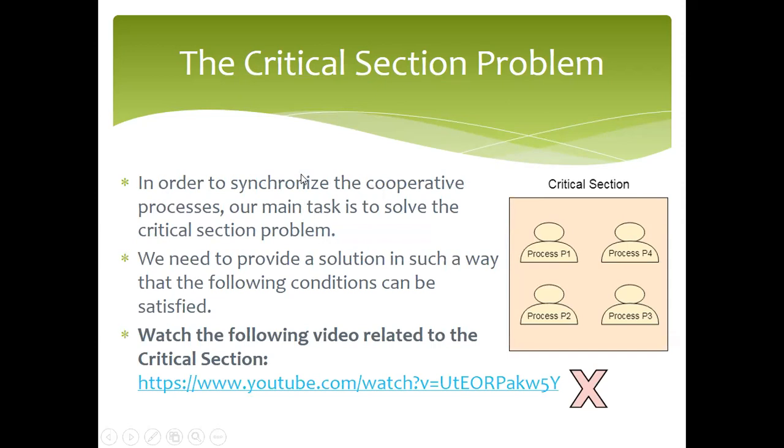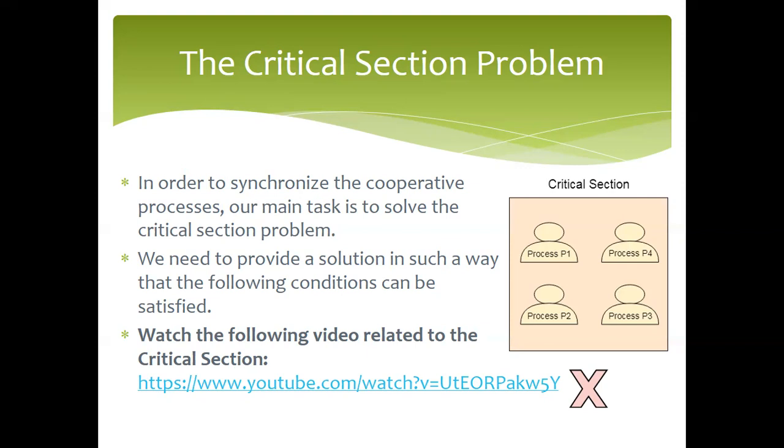So to synchronize the cooperative processes, what was synchronization? We are just ensuring the order of execution. This one should be first, this one should be second, something like that.